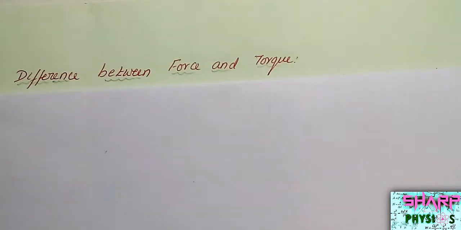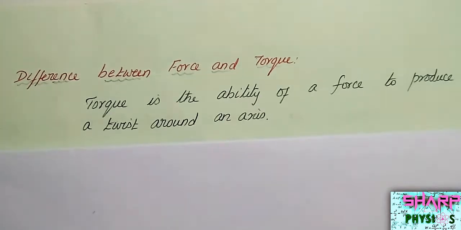I hope you have understood the basics of torque. Now we will move to the next one. We need to know the difference between force and torque. Force causes an object to accelerate in linear kinematics.